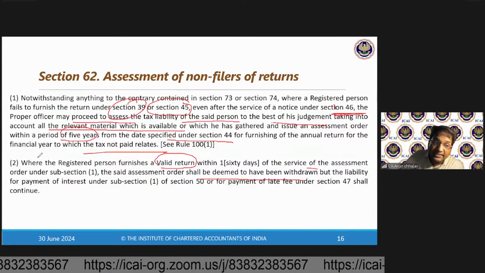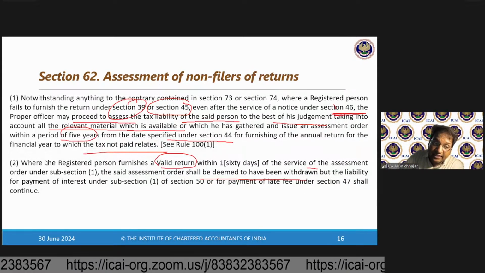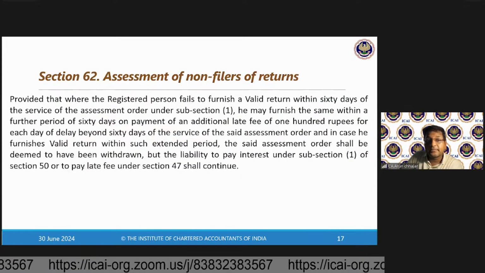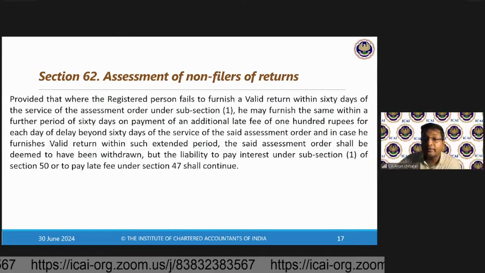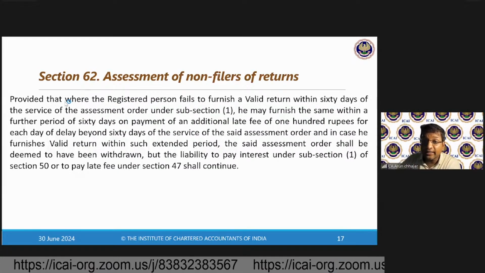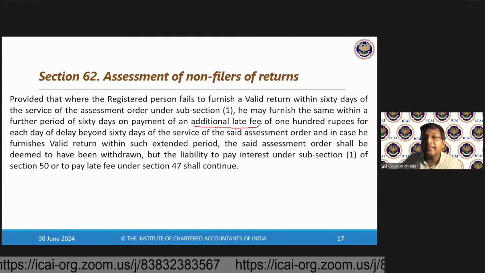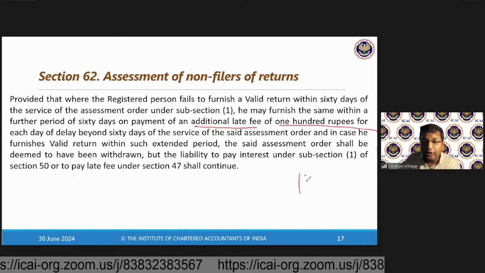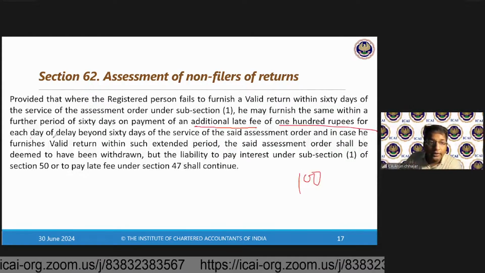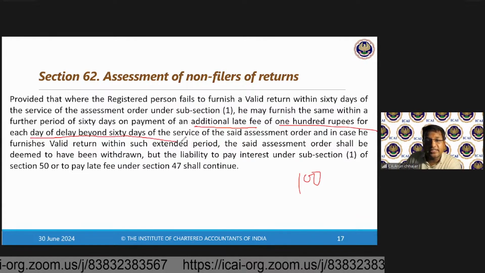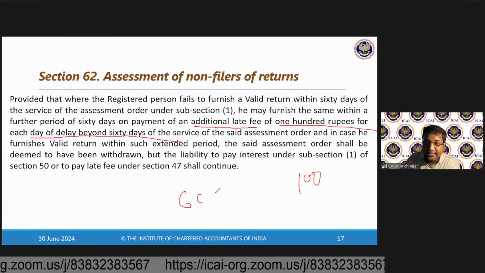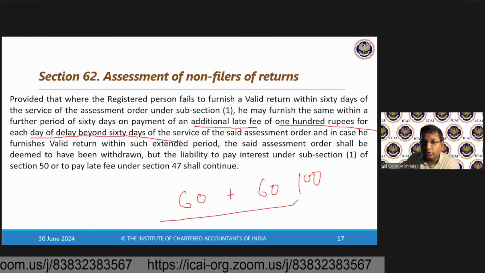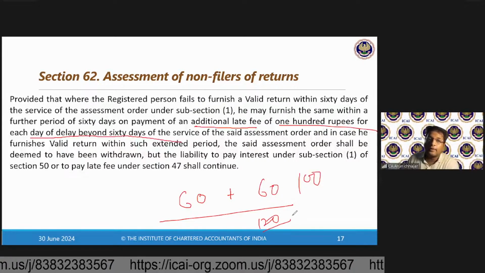And this period of 60 days, a further 60 more days is available, but subject to the payment of additional fee. It is not the late fees. It is an additional late fee of 100 rupees for each day of the delay beyond 60 days. So it means 60 initial days, 60 more days, total 120 days is available.